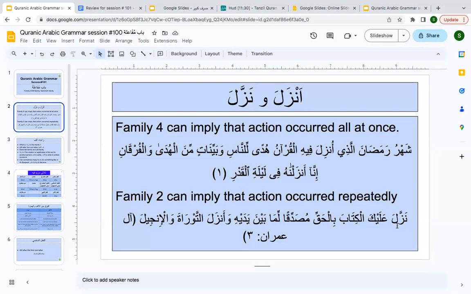Not only slowly, but it is something big that was coming down from Allah subhanahu wa ta'ala. So it indicates the intensity of an action. Sometimes it will indicate that there were a lot of objects of action. Sometimes it will indicate that the action happened slowly and repeatedly.